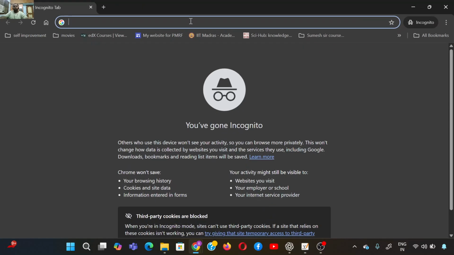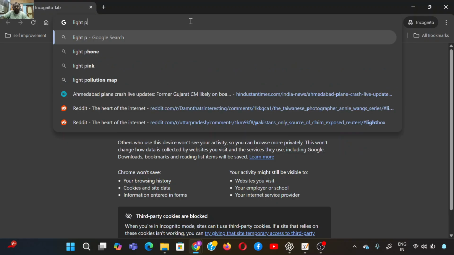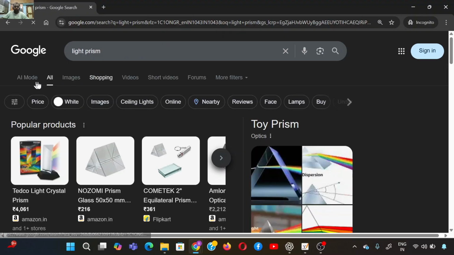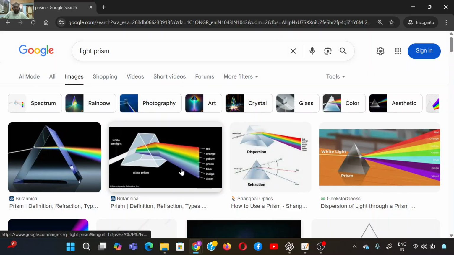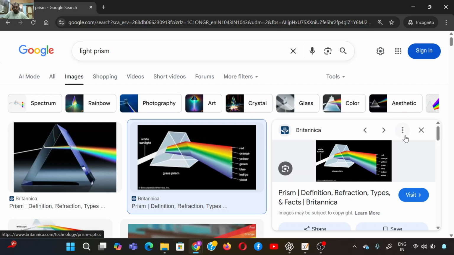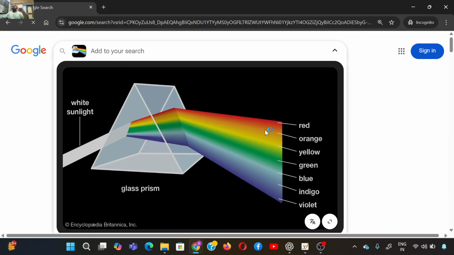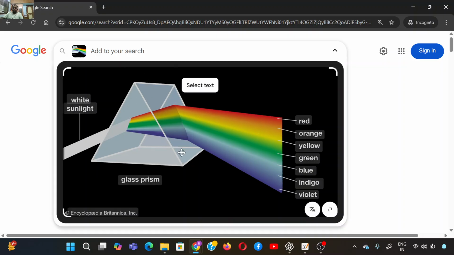So if you see light through a prism, white light comes like this, but when it is exposed to a glass prism, each of the wavelengths of white light, because white light is composed of seven colors, each has a different wavelength.